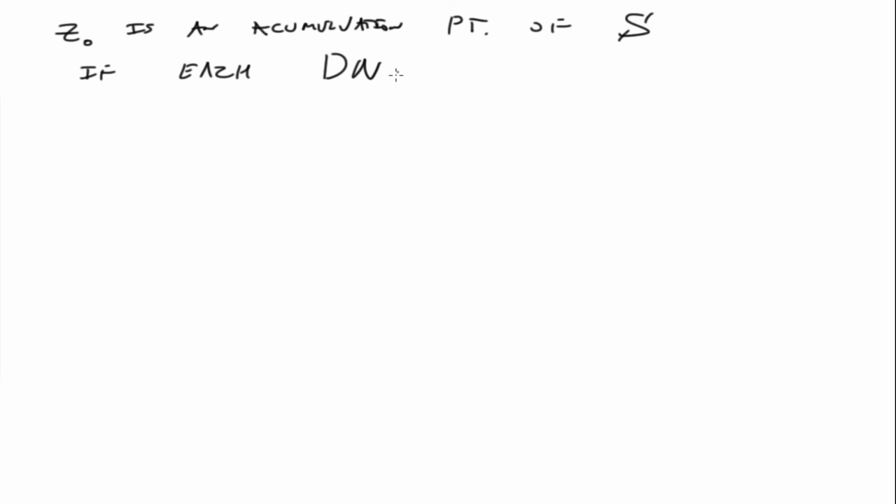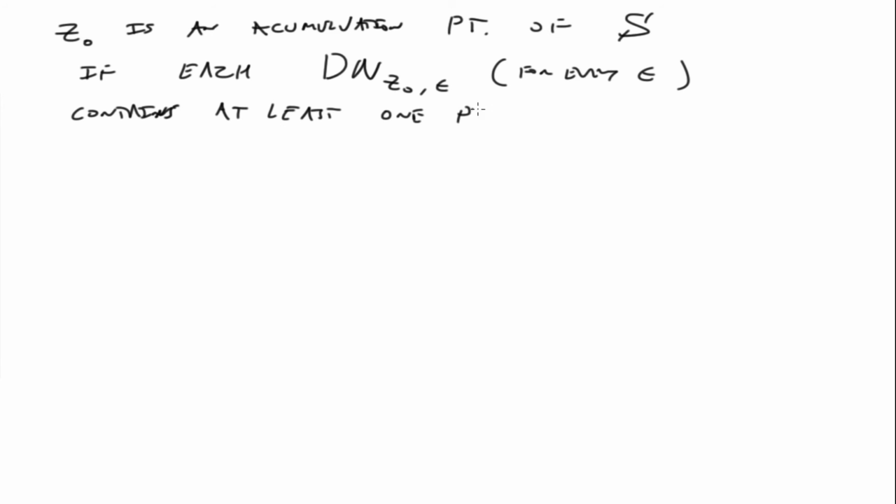We say that z naught is an accumulation point of a set S if every deleted neighborhood of z naught comma epsilon, that is, for every epsilon, contains at least one point of S.